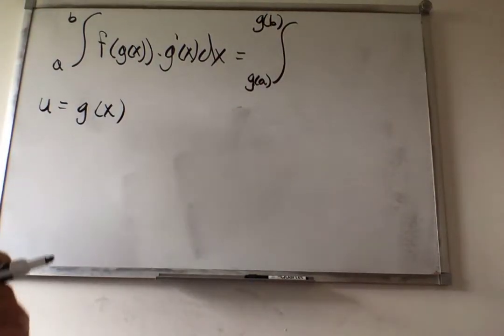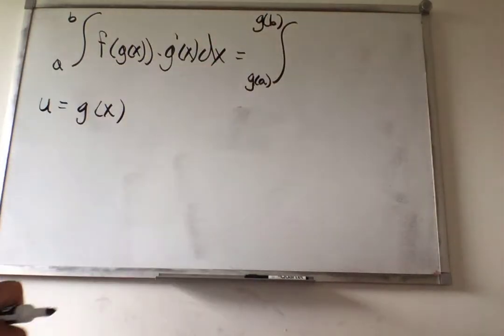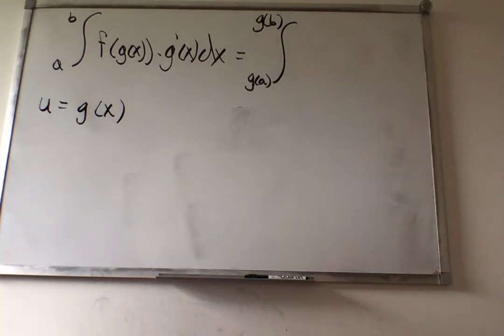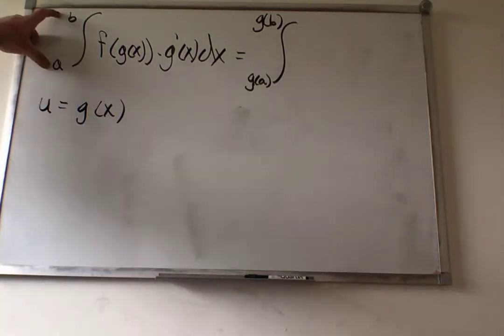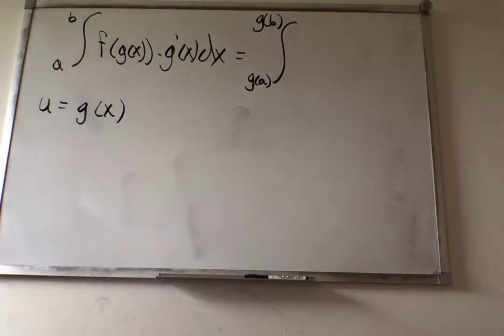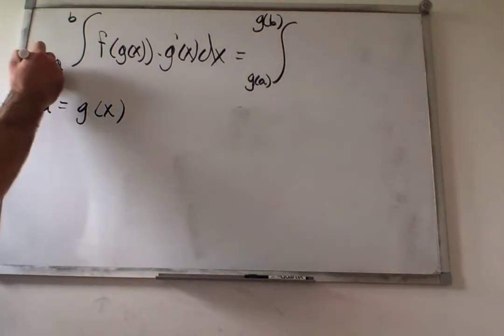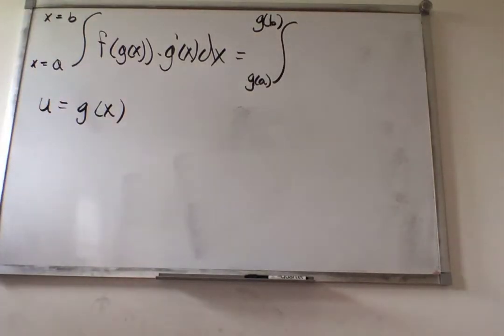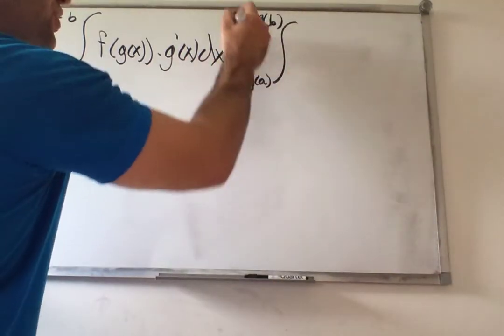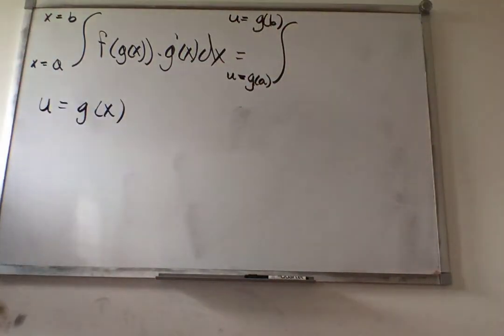So upon changing into your u variable, the limits of integration also have to change, because these limits are from x equals a to x equals b. This is from u equals g of a to u equals g of b.